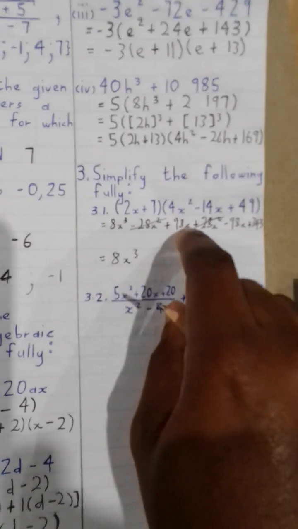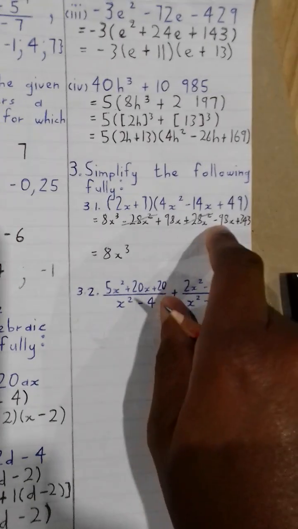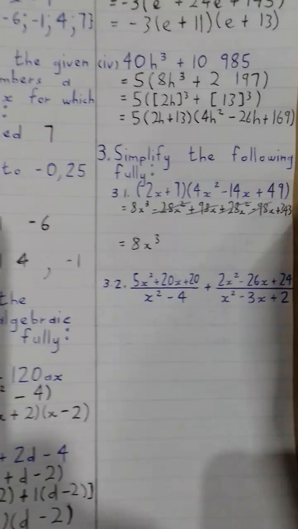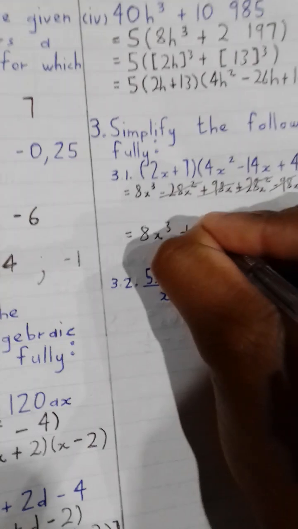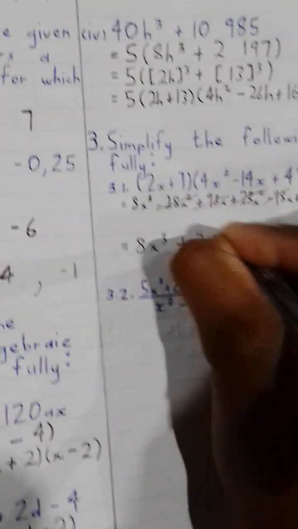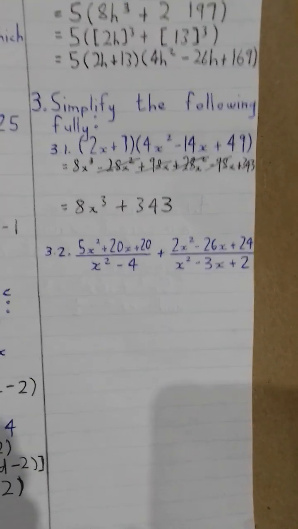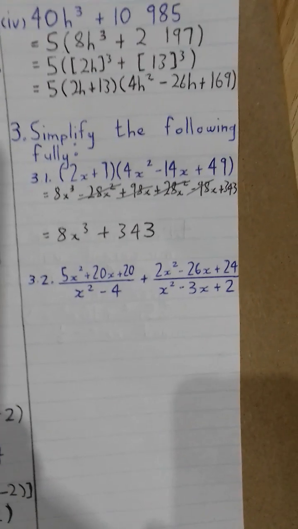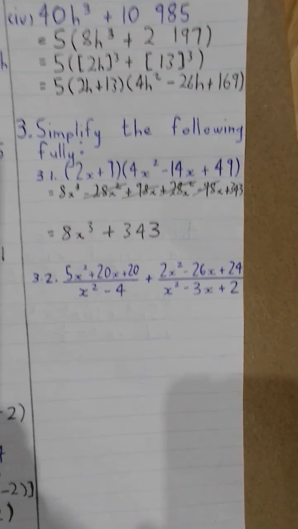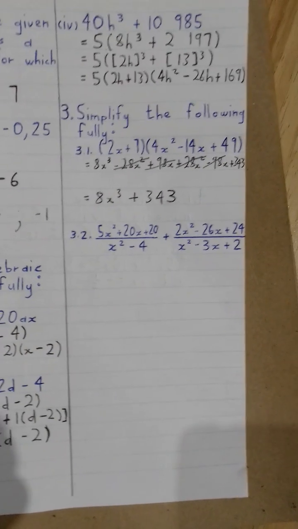Now the x's, you have plus 98x minus 98x, that's also 0, plus 343, that is the only constant. Okay, I hope that makes sense. Now in an exam, please don't cancel them like this, just rather leave them as they are and then write the final answer like this. I'm just showing you that they amount to 0.